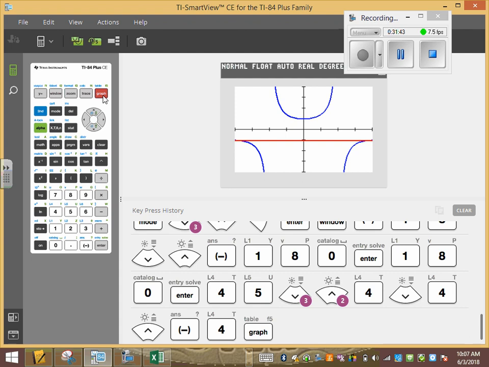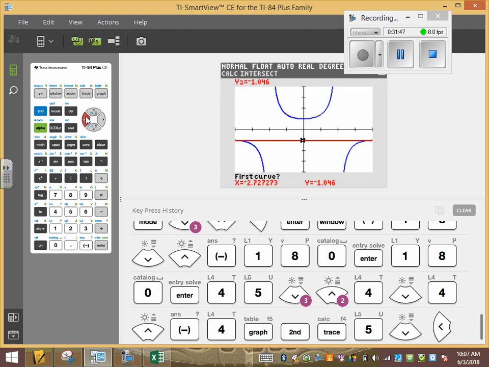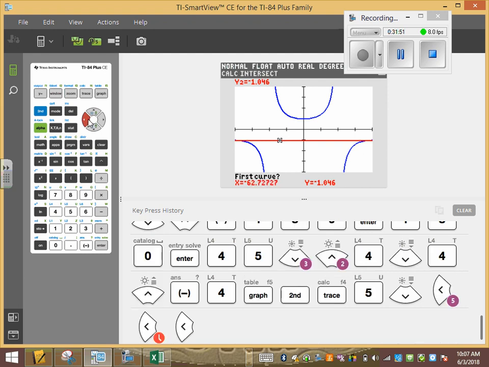So I'm going to find them. I can trace 5, and I only care about the x value. I'm close to here. Enter, enter, enter. Negative 162.9449, which was one of my answers.